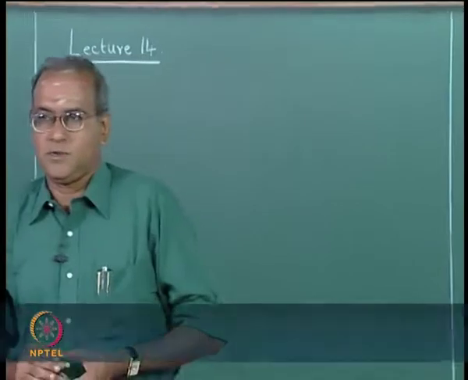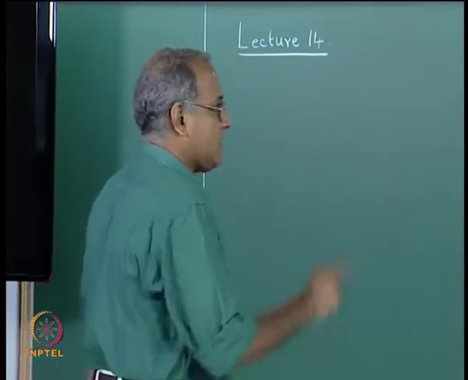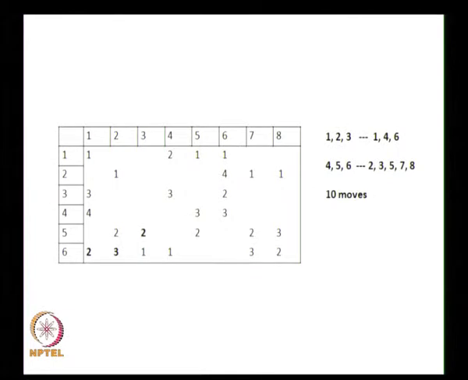In this lecture we continue the discussion on cell formation using sequence of parts. In the previous lecture we looked at this matrix where we have 6 rows for 6 machines and 8 parts, and the incidence data is given in the form of the sequence of visit of the machines.